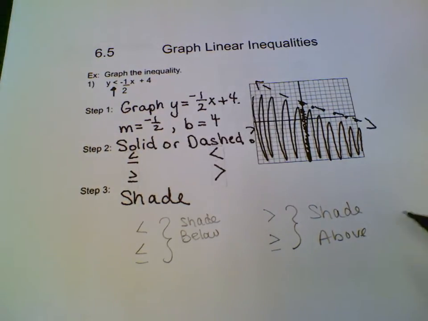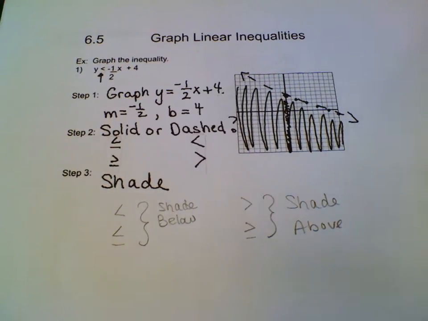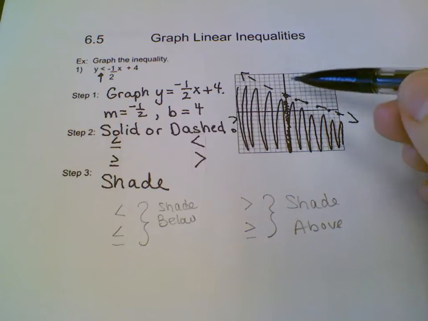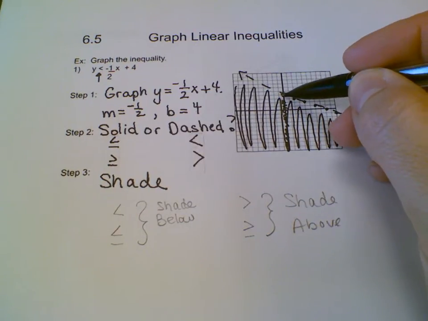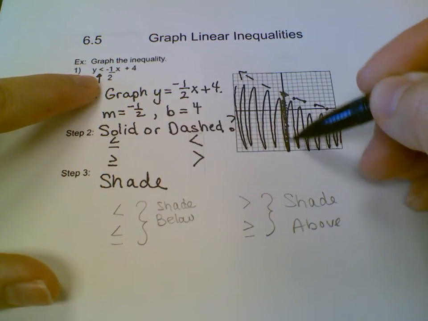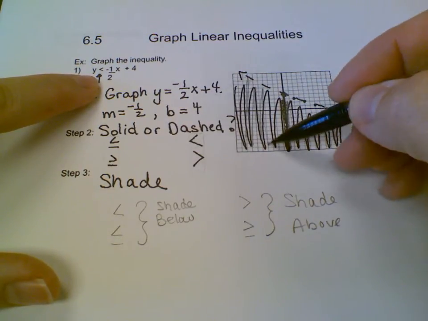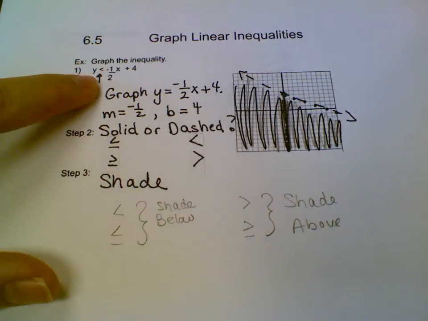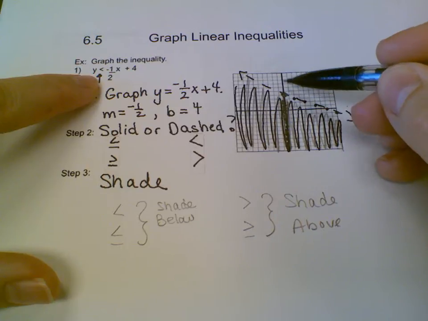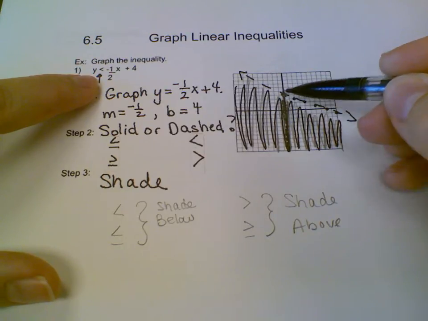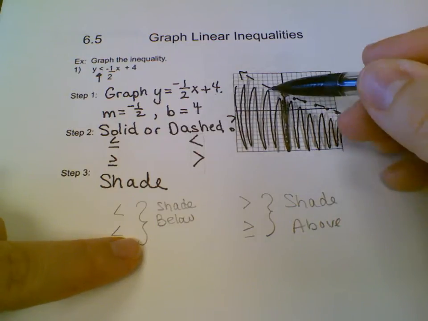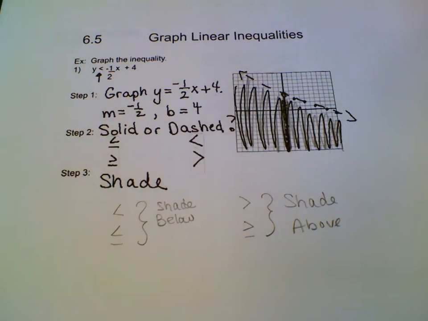Now, making sure you understand what I mean when I say that: when I say shade above or below, it's depending on where your y-intercept's at. So here's my y-intercept of 4. If I have a less than symbol in here, I'm going to shade everything below that. So in this case, I'm going to shade everything below. If it had a greater than symbol, then I would go above that y-intercept. Okay, so when I'm talking about above or below, I'm referring to the y-intercept to let me know which side of the line to shade in.